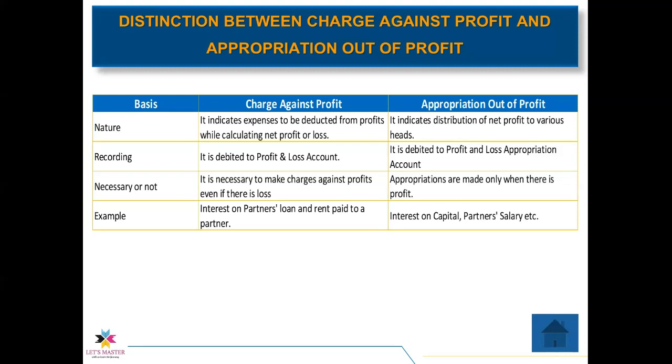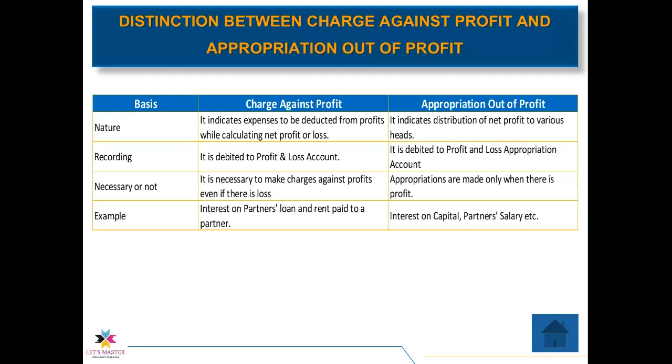Whether it is necessary or not: all the charges, it is necessary to make charges against profit even if there is loss. As I told you earlier, we don't have a choice. We have a choice in regard to whether to pay those amounts or those charges now or in the following financial year or accounting period. We have only that choice, but we don't have a choice in terms of whether we should pay it or not.